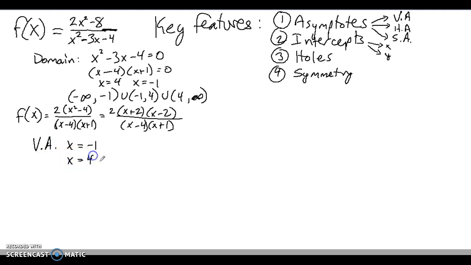If we had had a common factor and had removed one of these factors, then that particular domain issue would have been a hole instead of a vertical asymptote. But we didn't have that, so we don't have to worry about it. So I have these as my vertical asymptotes. And you know what? As I'm finding these key features, let's just go ahead and start graphing them.